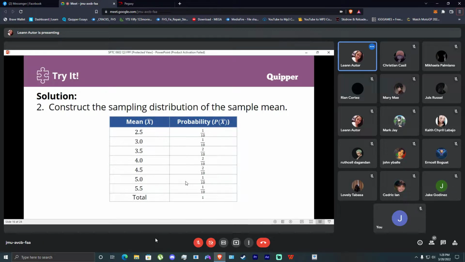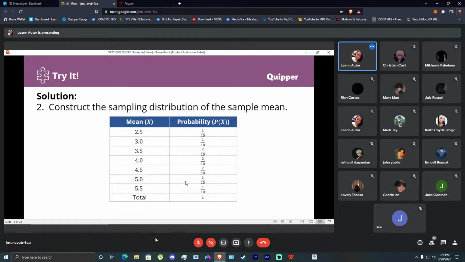We have the population variance is equal to the summation of x squared minus the summation of x, over n, divided by n. So, as you've noticed, do we already have the summation of x squared?